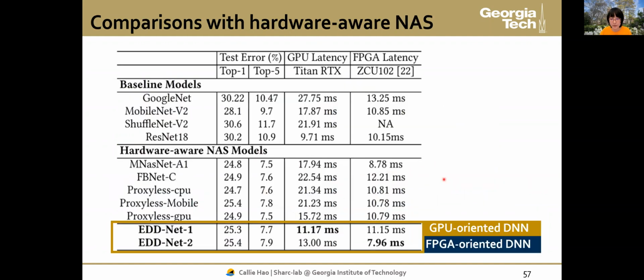And this is how it works, very briefly: we have a couple of different DNNs searched targeting different devices. We have GPU-oriented DNNs, we have FPGA-oriented DNNs. And apparently, GPU-oriented DNNs achieve the shortest GPU latency, and FPGA-oriented DNNs achieve the lowest FPGA latency. And it turns out that this co-design is very effective.